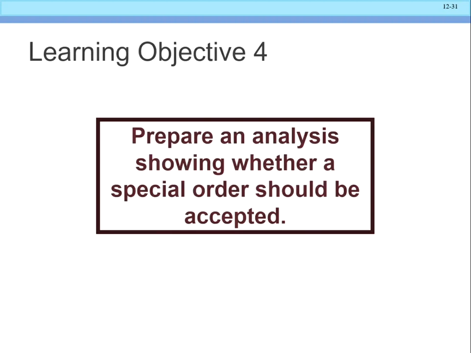All right, so let's now look at learning objective number 4. Within this, we want to do an analysis showing whether a special order should be accepted or rejected. When we talk about a special order, we are referring to an order that comes to a business, but this order is not something that happens every day.